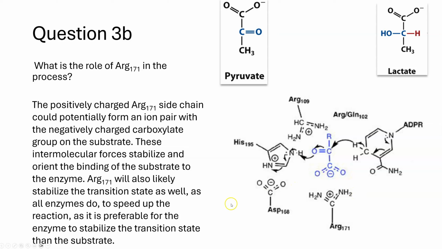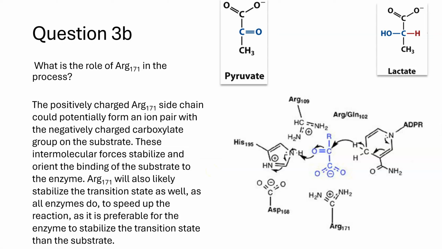So what is the arginine doing? Well, it is probably positioning the pyruvate in the active site properly, because you have to do this properly so that this proton donation can happen. We're stabilizing the binding of the pyruvate, but since this is a bit of an intermediate we're showing here, we will likely be stabilizing the transition state as well, because the arginine is right here and we've got this negative charge, and the arginine is in a perfect place to do that.